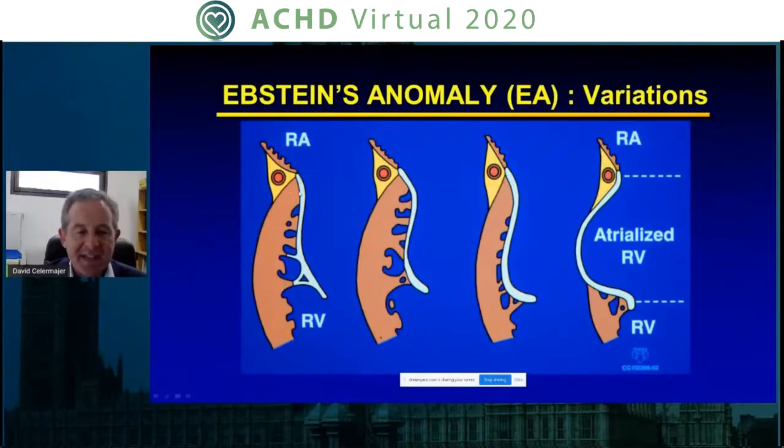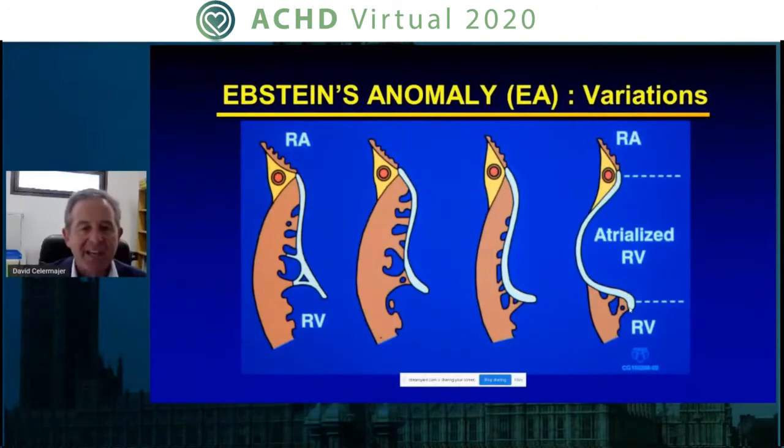So here you can see there's a little bit of tethering of one of the leaflets, the anterolateral leaflet or the anterosuperior leaflet, which can cause a relatively modest form, right up to the part where the right ventricular endocardium hardly forms at all, and you get an enormous atrialized portion of the right ventricle with bad distal tethering, and this will obviously be a severe form of Ebstein's anomaly.